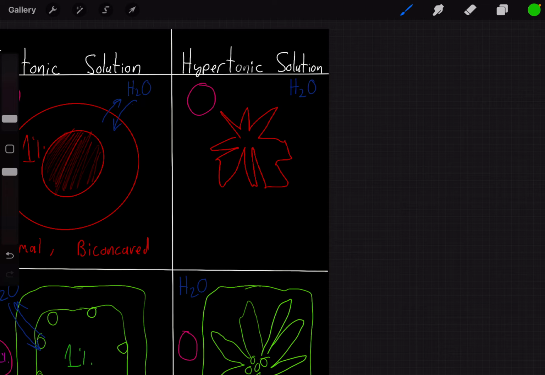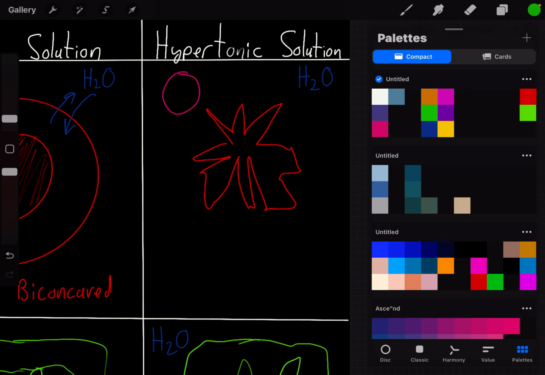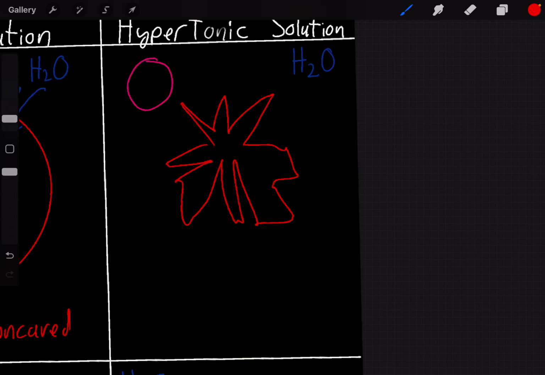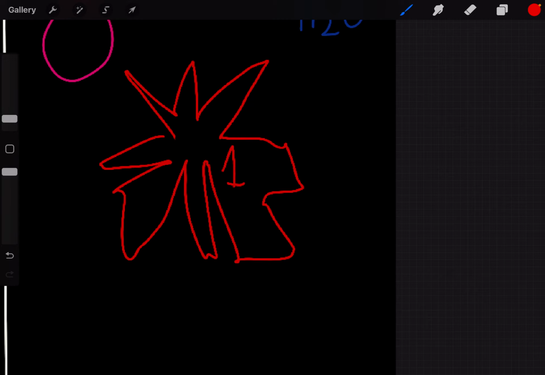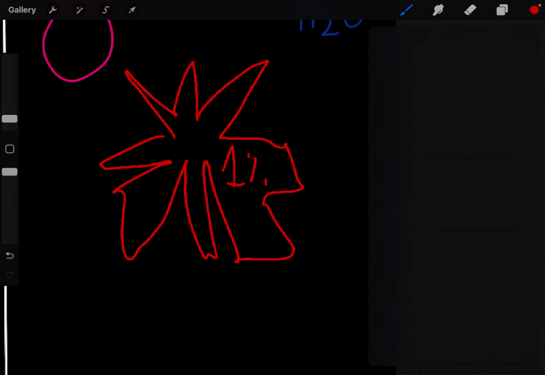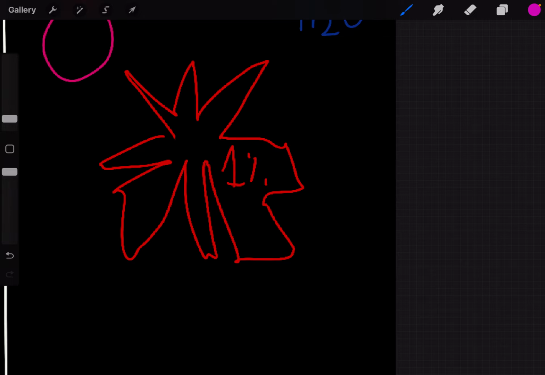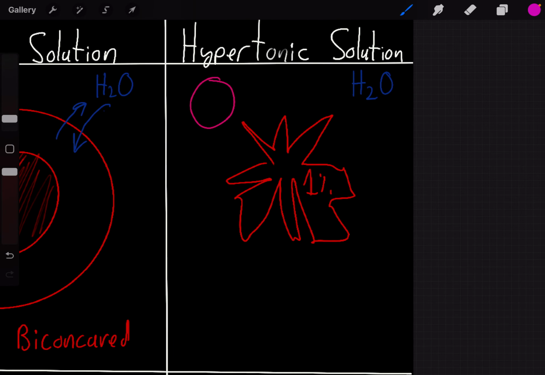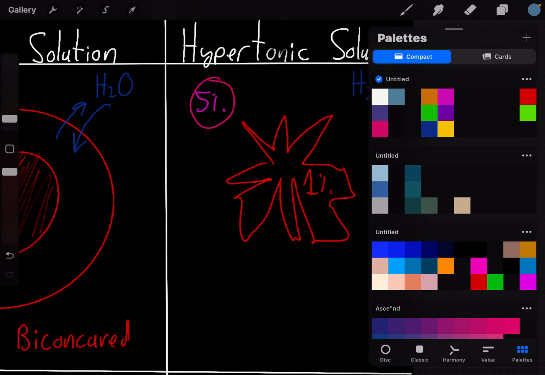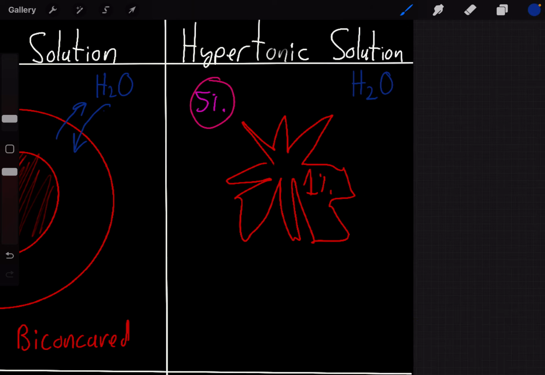Now if we have a hypertonic solution and the red blood cell is still 1%, that means that the solution is more. So this could be 5%. And remember, water always goes from hypotonic to hypertonic.